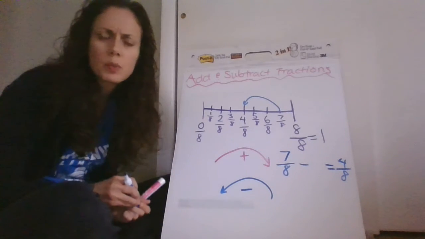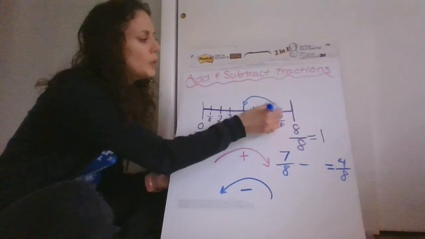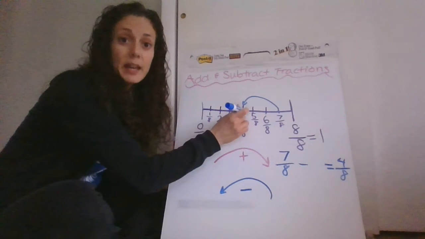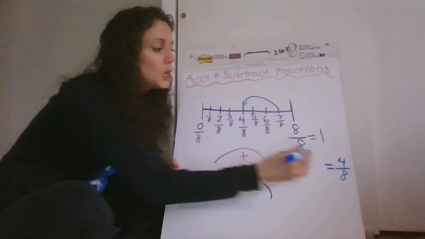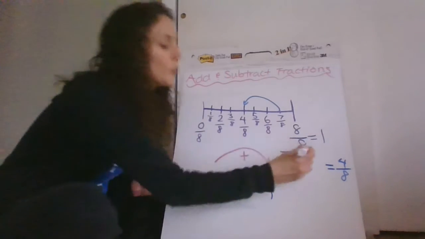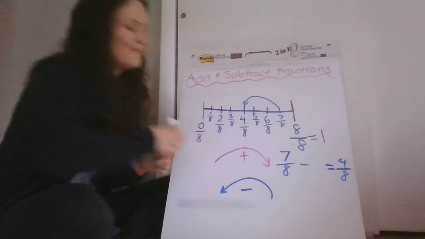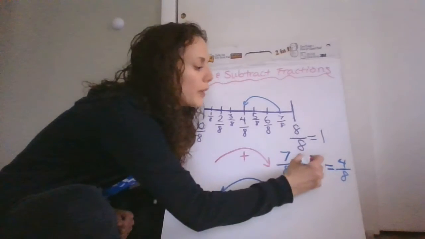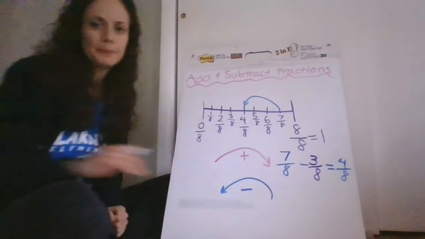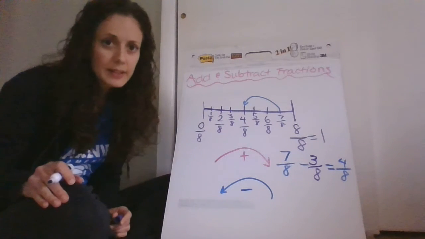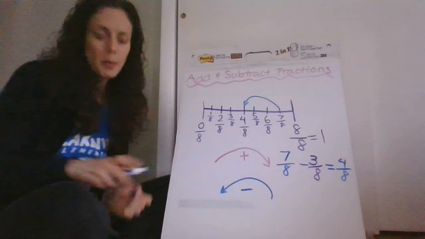How many eighths would have to go in there? Well, let's count. 1, 2, 3 would get us to the 4/8 marker. So we would fill in this blank with 3/8. Okay, that's how it's going to look. You're going to have to fill in the blanks depending on what's shown on the number line.